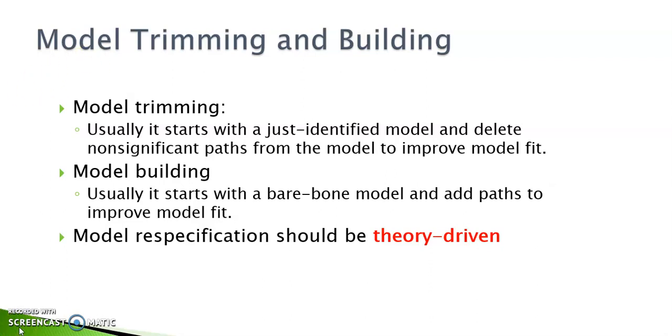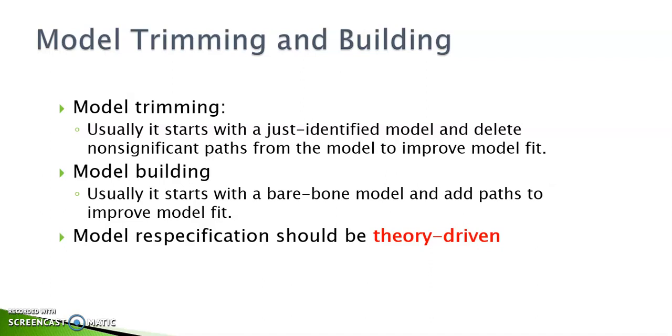In model trimming, you usually start with a model in which all potential paths are included and delete those non-significant paths to improve the model fit. In model building, you take the opposite approach.